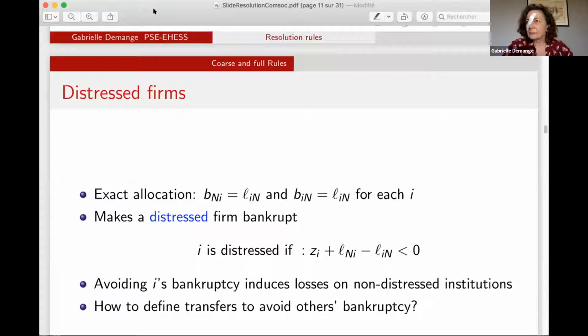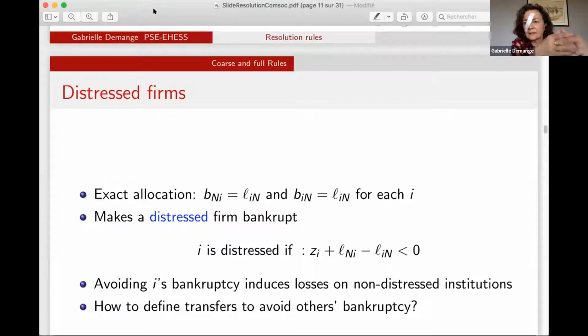And distressed means that the net external value plus my claims minus my liability is negative. I am not able to reimburse fully, even in the best possible case when I am fully reimbursed.